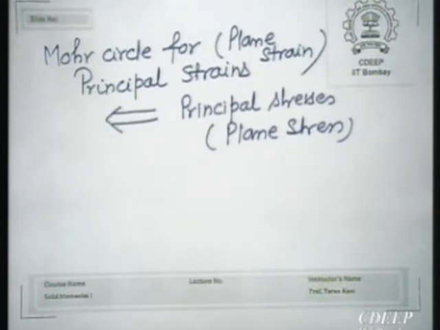Now, next part. After having described plane stress, plane strain, transformation, what for are we doing this? Why should we do transformation? What is the need? Transformation is needed at any point. Strains are defined at any point.